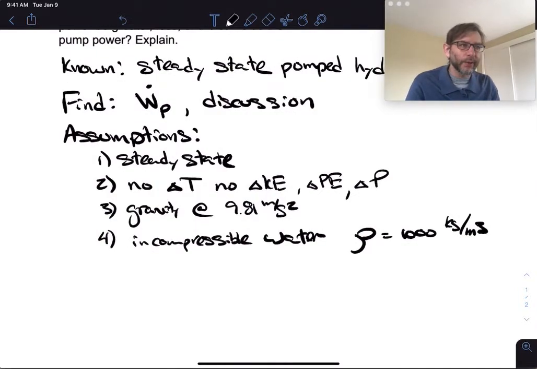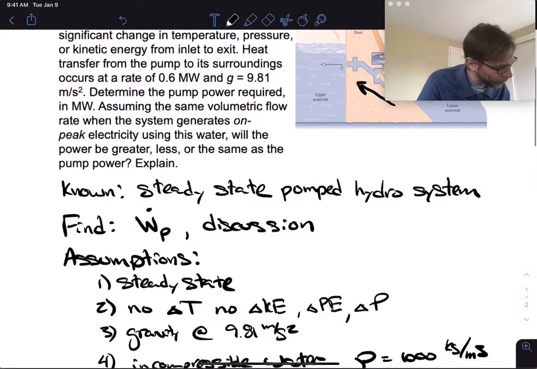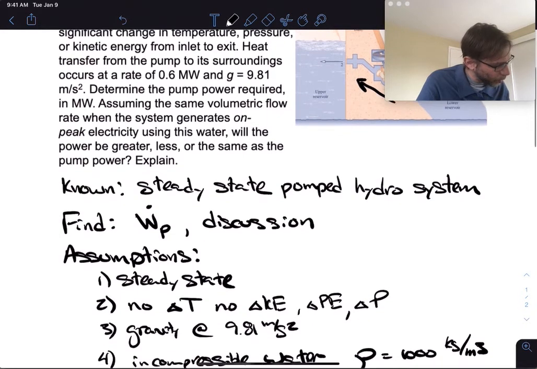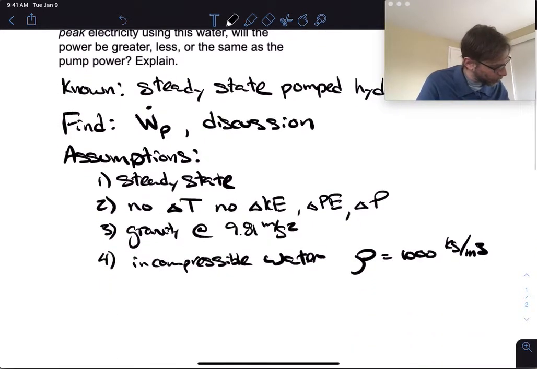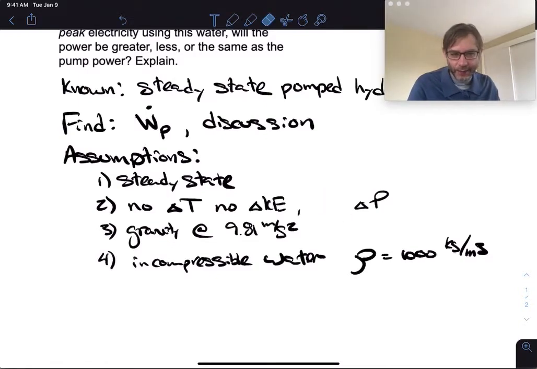So if we look at what our control volume is going to be, essentially we're going to take the, well, no. Hold on here. I'm a little confused. Oh no, we have to have potential energy. Why did I do that? Okay, so no pressure change, but there's potential energy. If I was in class, you guys would definitely be on me about this one.